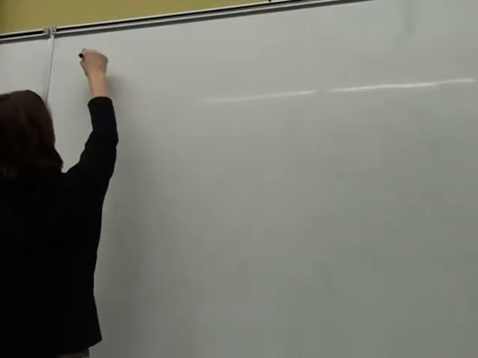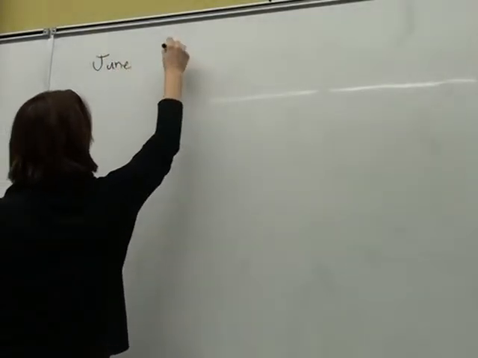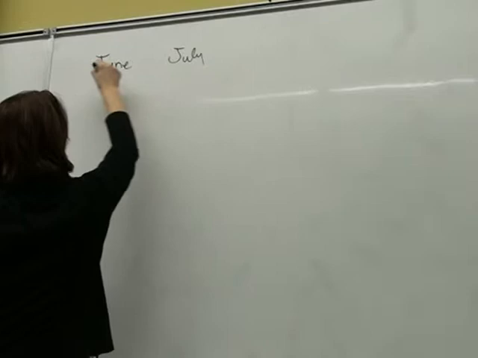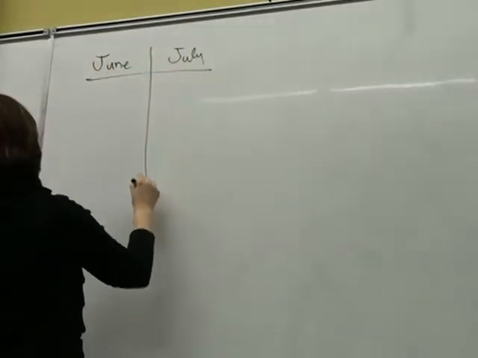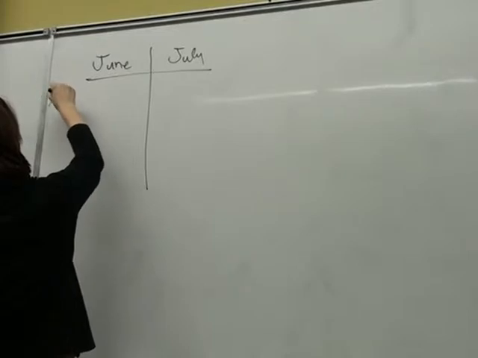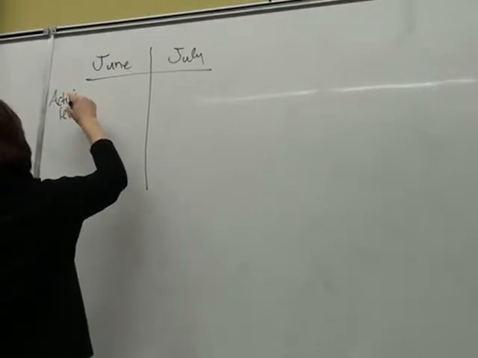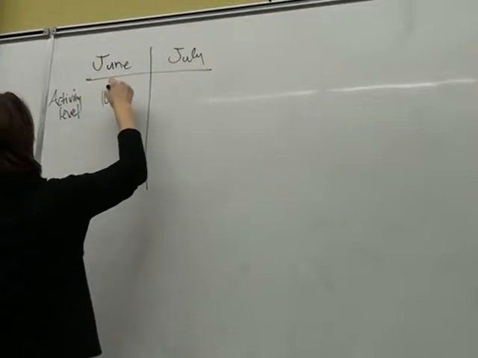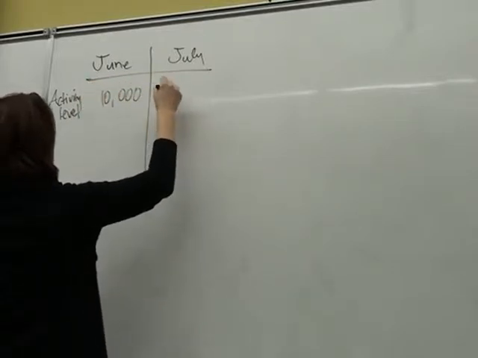Question 4, the following pertains to activity and costs for 2 months. So I gave you costs for June and July. I gave you activity level, and that was 10,000 in June and 25,000 in July.